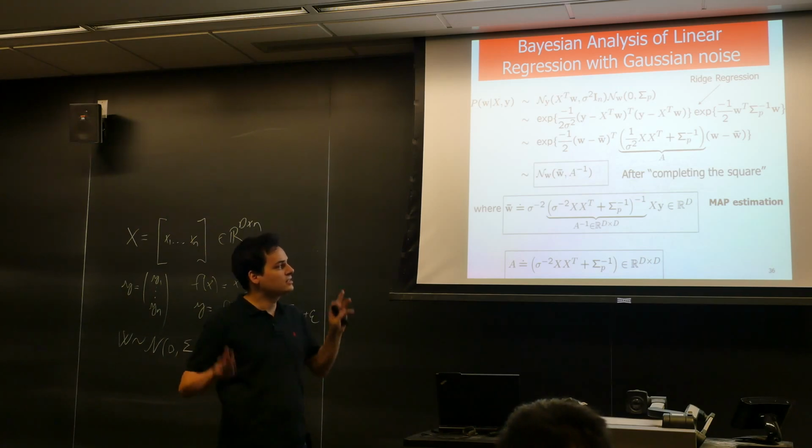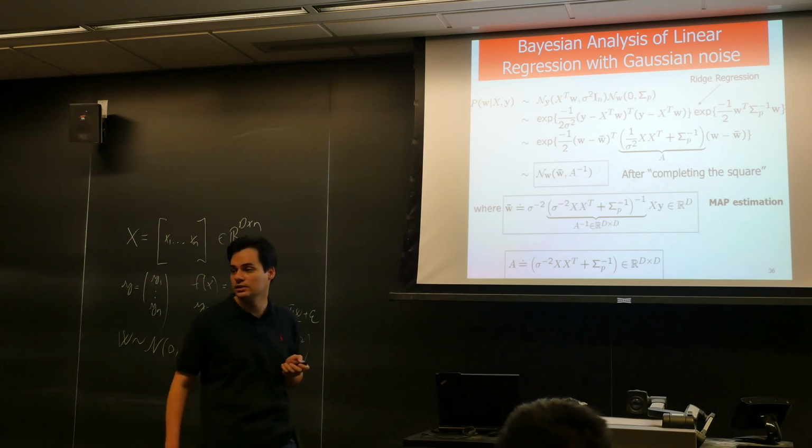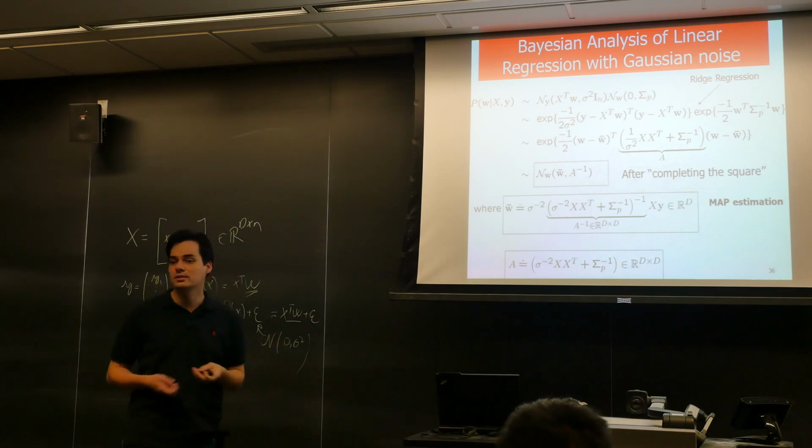This trick is called completing the square. When there's a quadratic expression and you want to rewrite it as a quadratic expression in W, this is how you would rewrite it to see that this is the mean of the new Gaussian distribution, and this is the covariance matrix of that Gaussian distribution. So you just need to collect the terms.